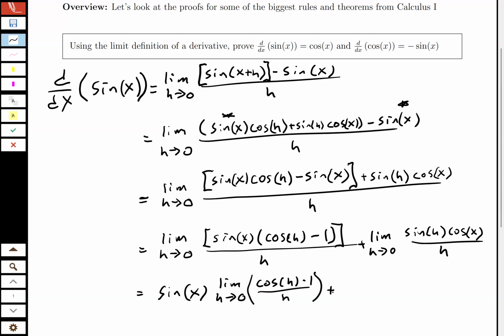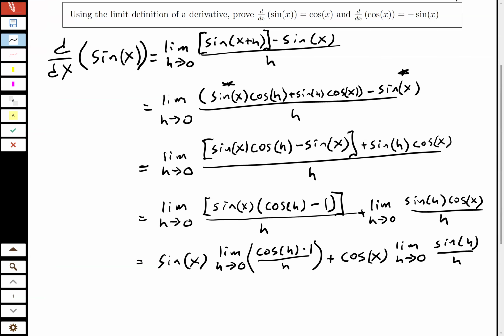And for this other piece, I have cosine of x times the limit as h goes to 0 of sine of h over h, just kind of factoring some pieces out. We've got two limits here that look a little bit messy. Let's pull up GeoGebra or Desmos and make a table and see what's going on here.